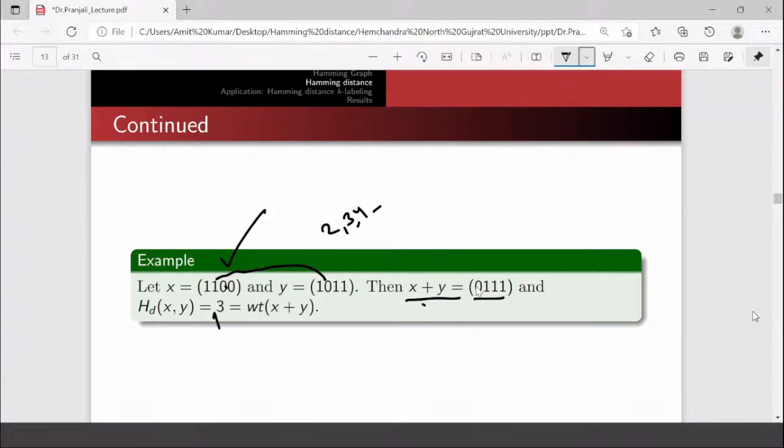So the Hamming distance is 3, because we have to look at how many places the entries differ, that if one is 0, the other has to be 1. And if we calculate the weight of this vector, it is again 3. So the Hamming distance can be calculated as nothing but the weight of x plus y.